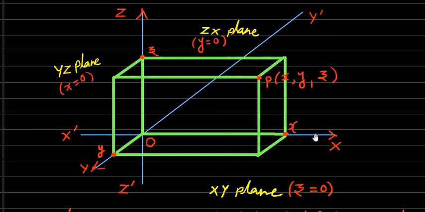Therefore every point on the x-axis has its z coordinate 0 as well as its y coordinate 0, as that point lies on both planes. Therefore, the equations of the x-axis are y equal to 0 and z equal to 0.